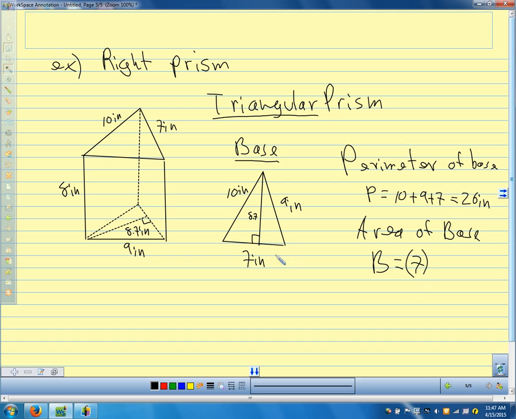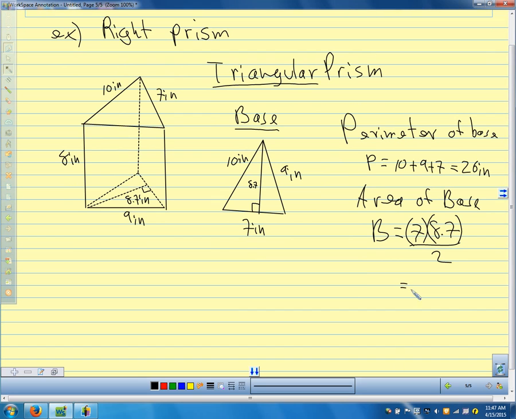What's the height of the triangle? 8.7. That's why we had that marked in there. And we divide that by 2. Plug that into my calculator, and I get the area of the base is 30.45 square inches. Now I have everything I need to plug into my formula.